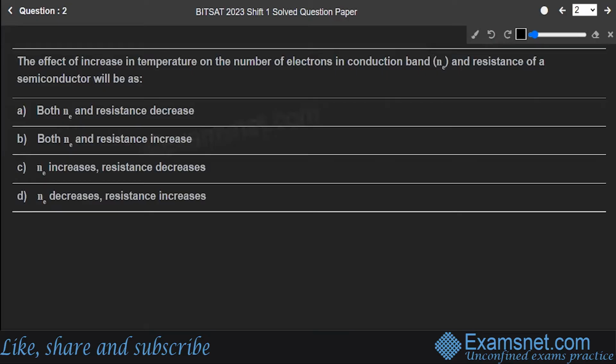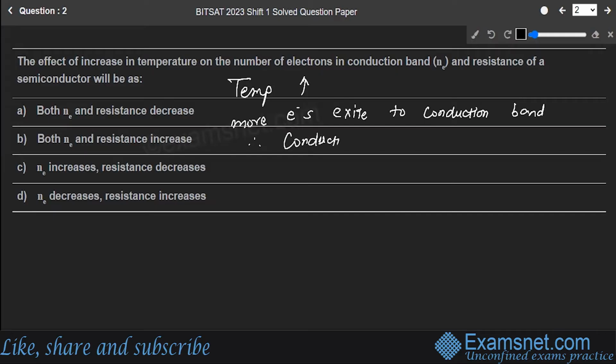See, when the temperature increases, more electrons get excited to the conduction band, and therefore conductivity also increases. And with that, resistance decreases. That makes option C the correct answer.